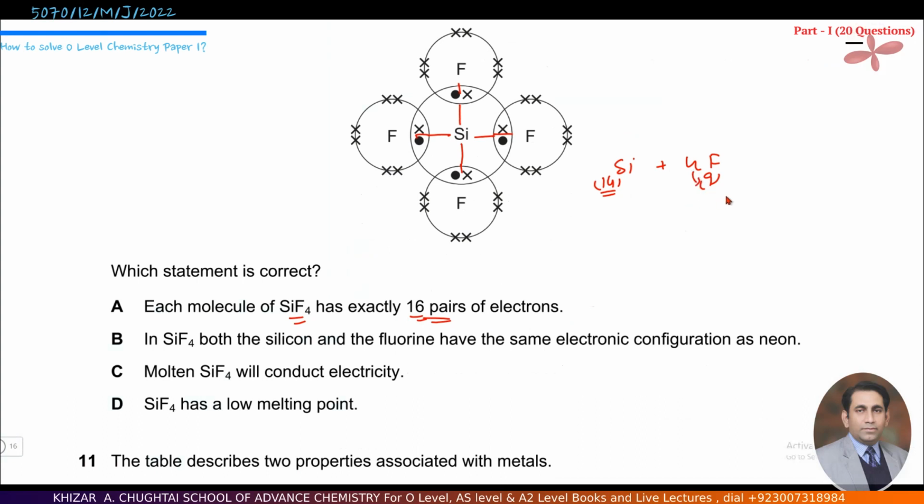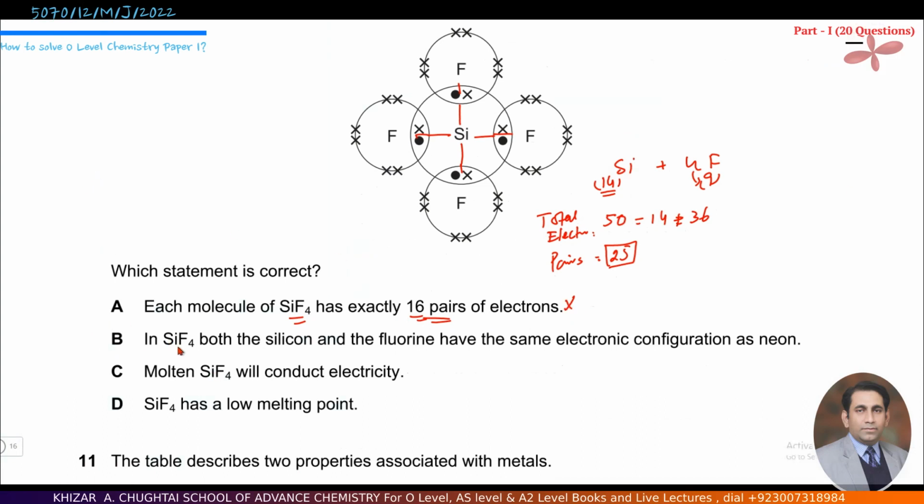So total electrons in 4F will be 36, and in one silicon atom it is 14. The total number of electrons will be 50. You can change it into pairs, which is equal to 25 pairs. So the first option is incorrect.